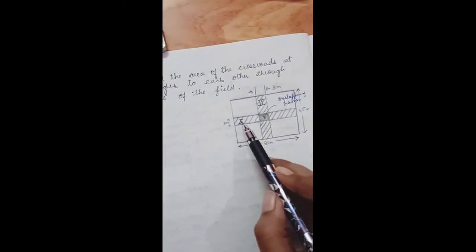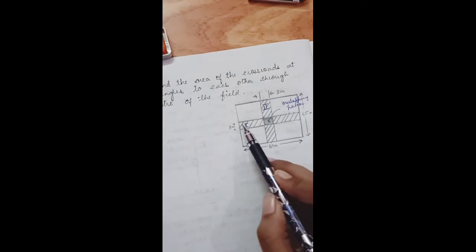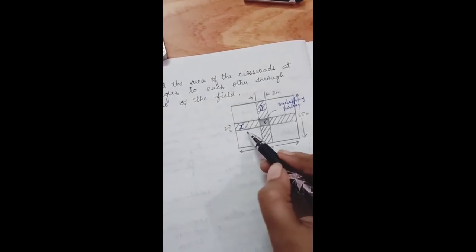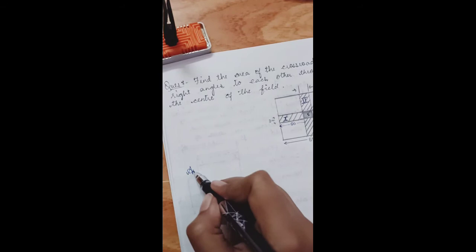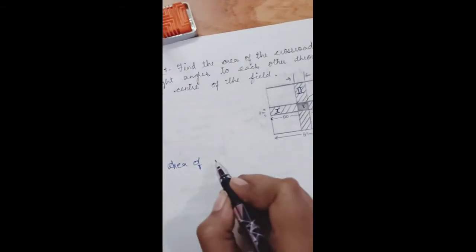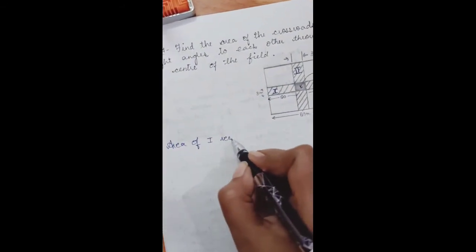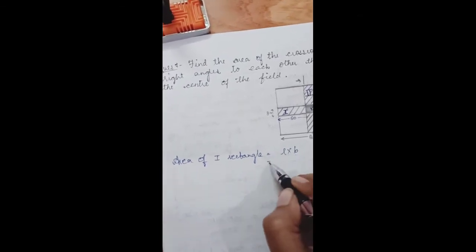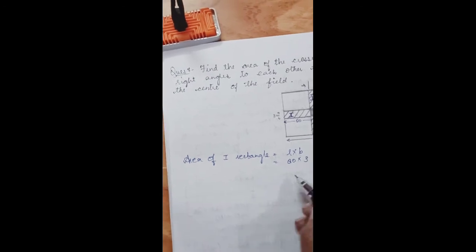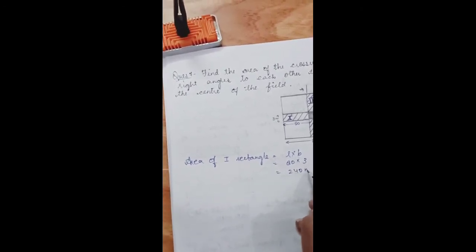So see, the first rectangle, this is 80, it means this is also 80. So the length of this first rectangle is 80. So area of first rectangle, length into breadth, that means 80 into 3, 240 meter square.